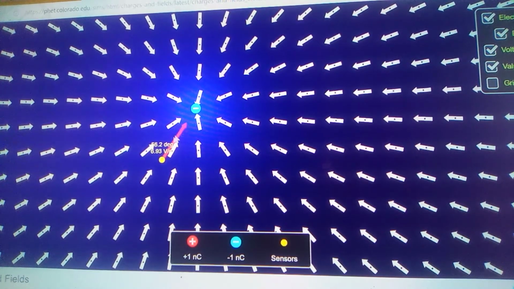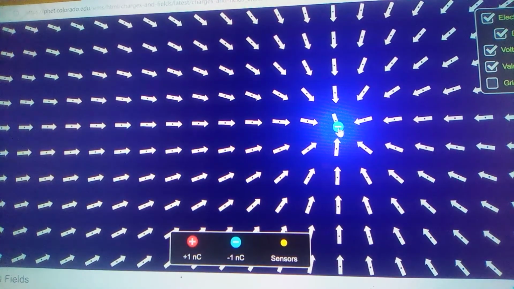Now let us see when we have two like charges. You know that like charges repel one another. So let us observe what happens if we bring another negative charge.